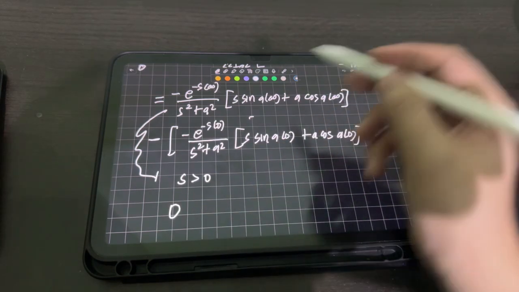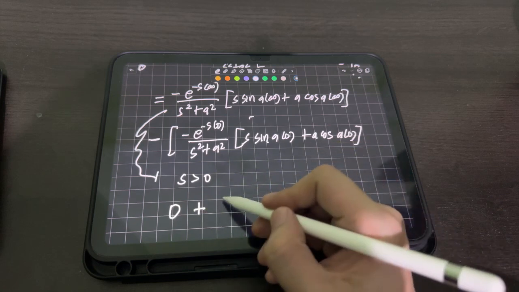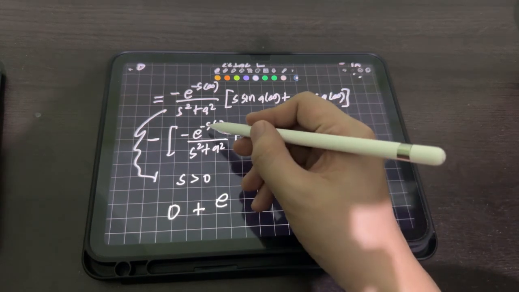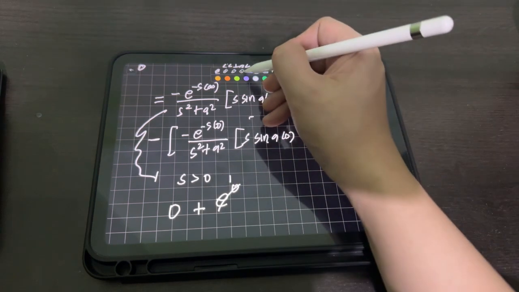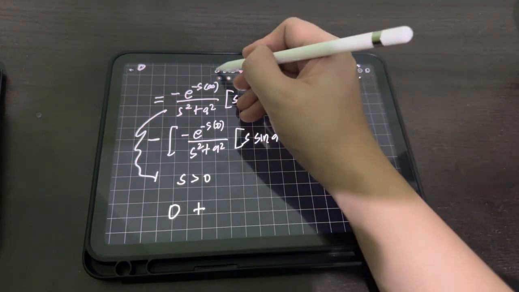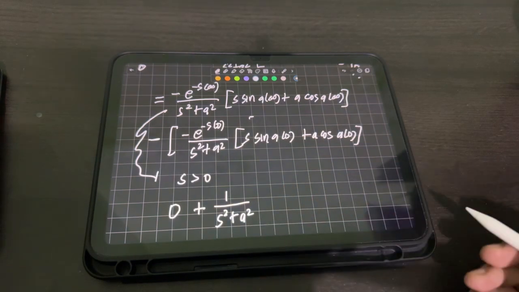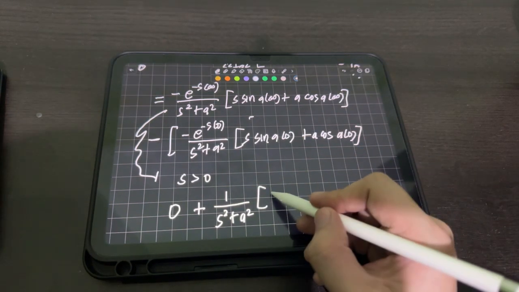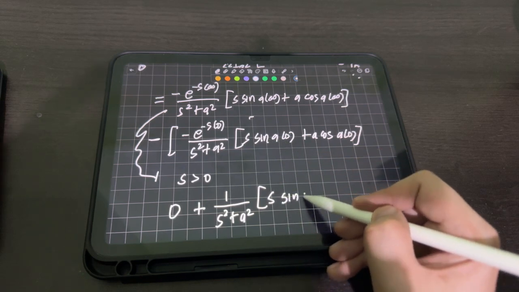Then, for this second term, negative of negative will become positive. E raised to negative s times 0 is just e to the 0, or 1. So we just have 1 here on the numerator over s squared plus a squared, then times s. Sine a times 0 is the same as sine 0.